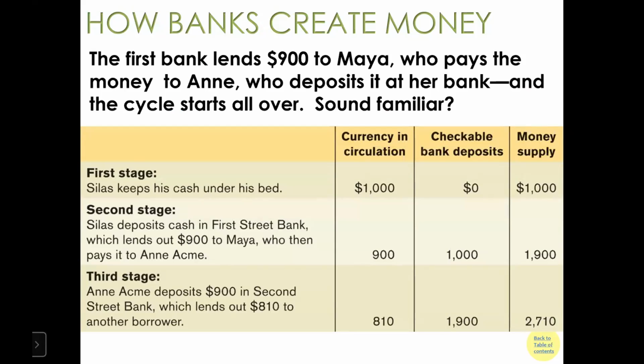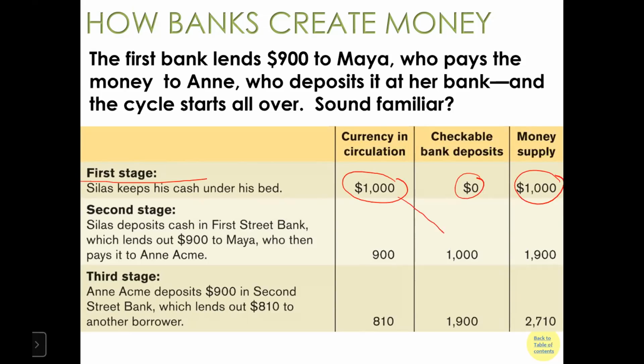Now, as we said, we enter a modern economy, and Silas decides to deposit his money in the bank. If we look at the first row, this is where we start. Silas has $1,000 in currency in circulation because it's cash, no bank, and the money supply is 1,000. Now Silas decides to deposit his money in the bank.